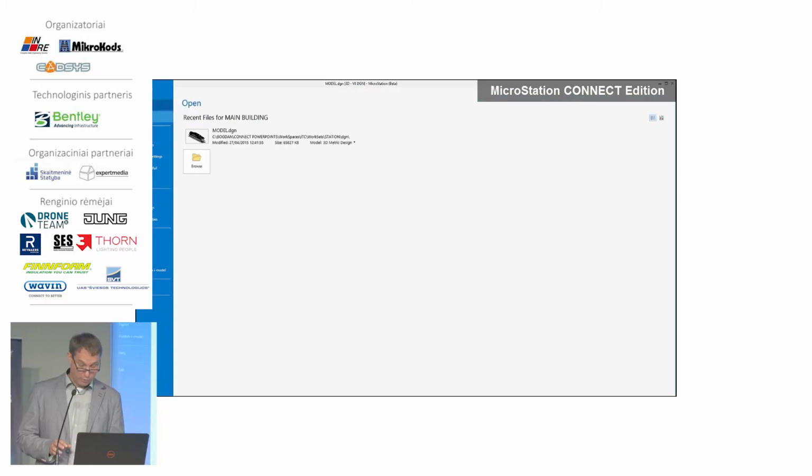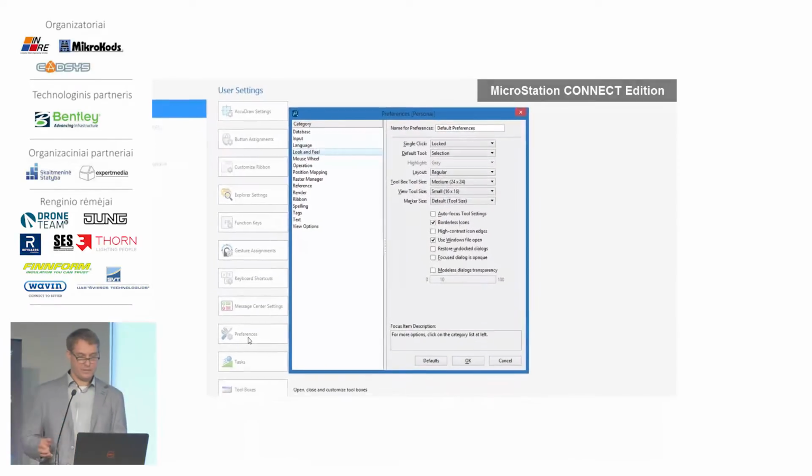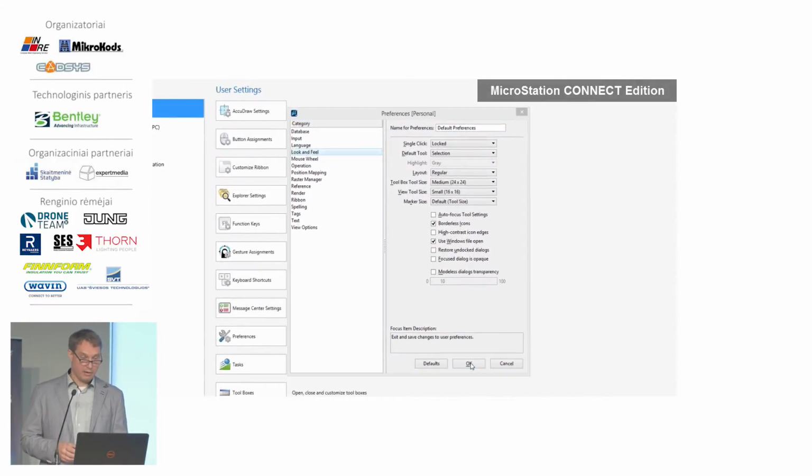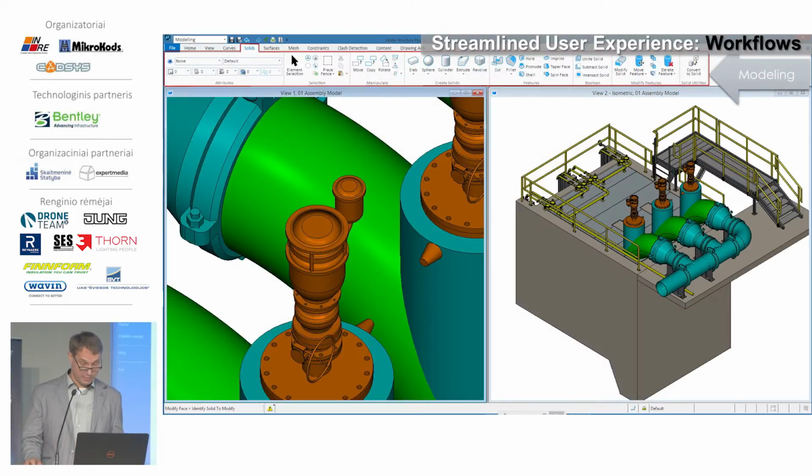And also, all the settings and configurations are now centralized, put into one place, and they are now easier to find, to understand, and administer. So just quickly to repeat, we have in the new environment the concept of workflows.